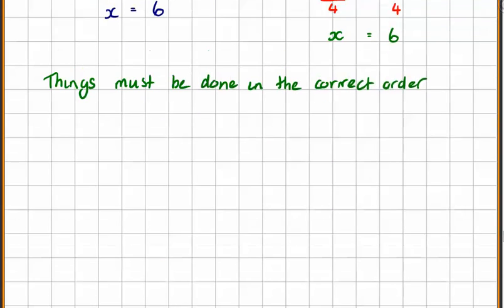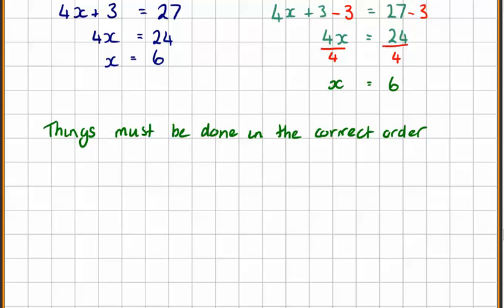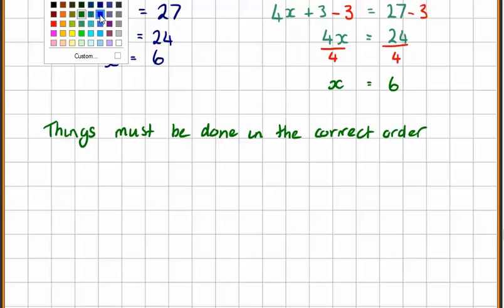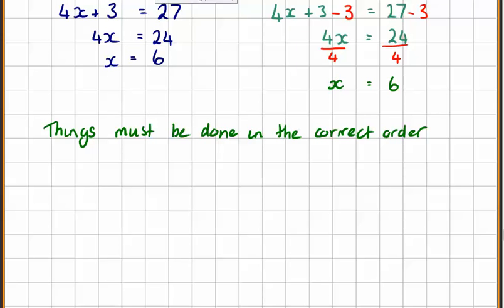Now, does anyone know what I mean when I say that, and why there's a problem if I don't do it in the correct order? What do I mean by that? Jane?